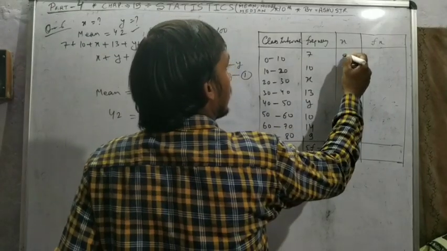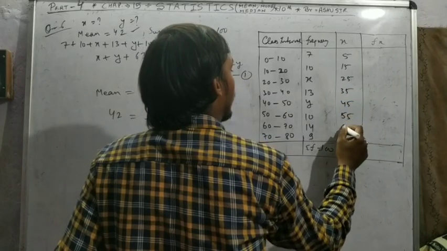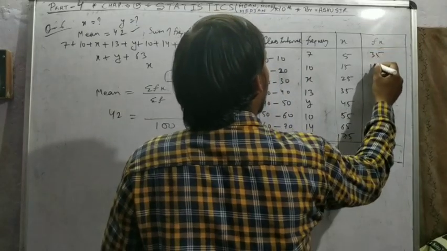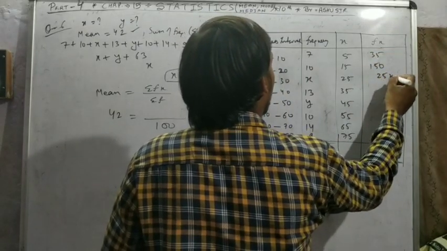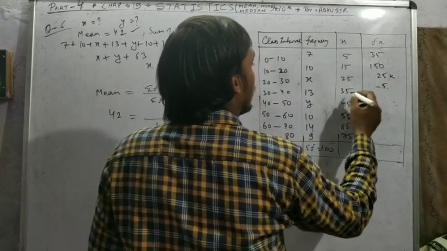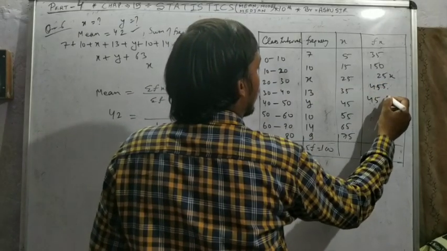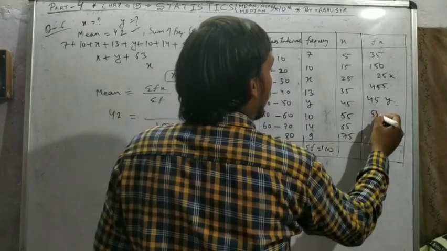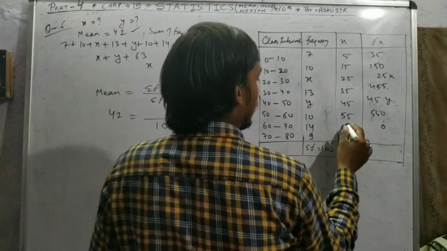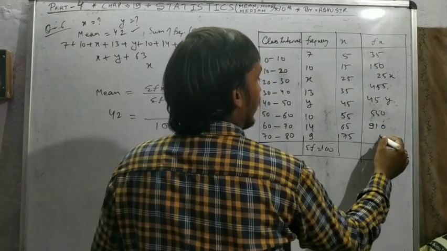Firstly find x: 5, 15, 25, 35, 45, 55, 65 and 75. Multiply: 35, 150, 25x, 45y, 550, 45, 70, 7, 6, 84, 91.